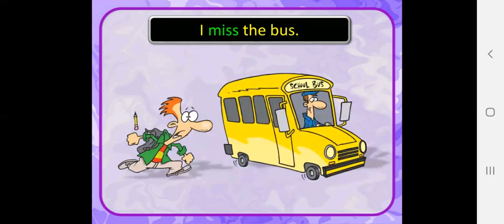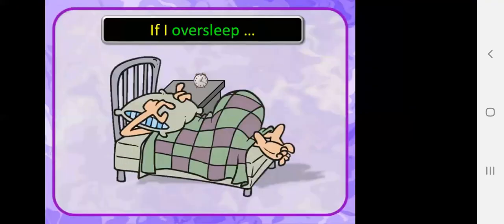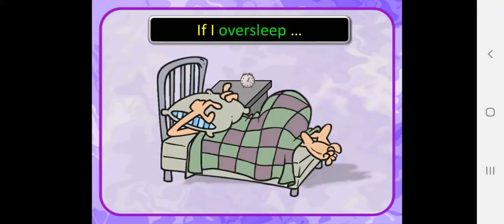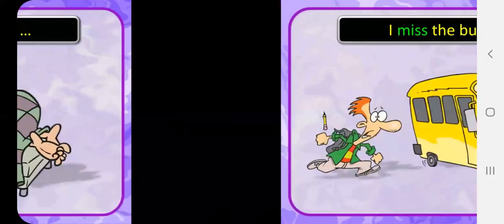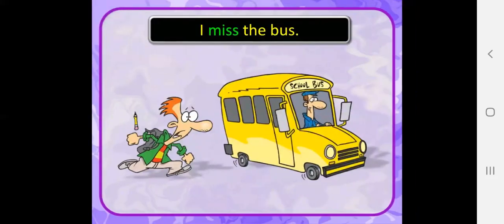There is an if sentence, that is, if I oversleep, and you see it's in simple present tense. And the second sentence, I miss the bus, is also in the simple present tense. That is saying that it's a fact. If I oversleep, I miss the bus.